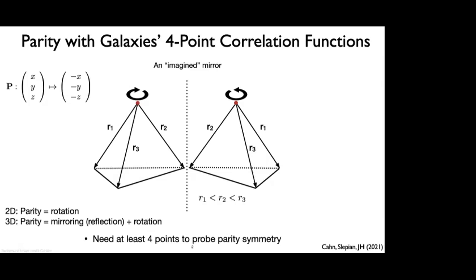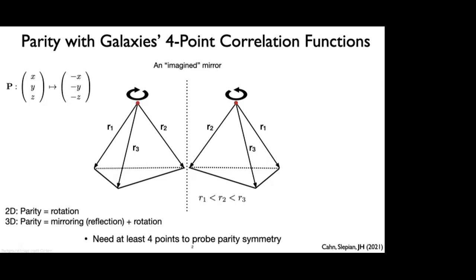If we repeat this process for a line or a triangle, we can always recover the original image by rotation. However, if we apply this to a tetrahedron, the transformed tetrahedron will not overlap with the original one. This means two things.